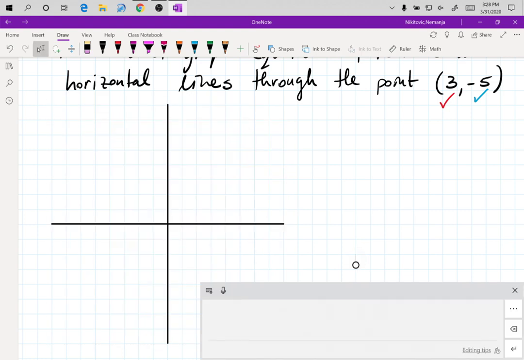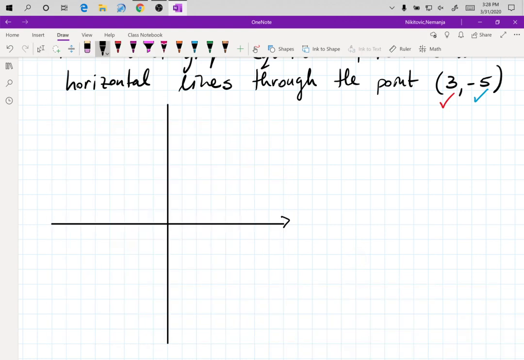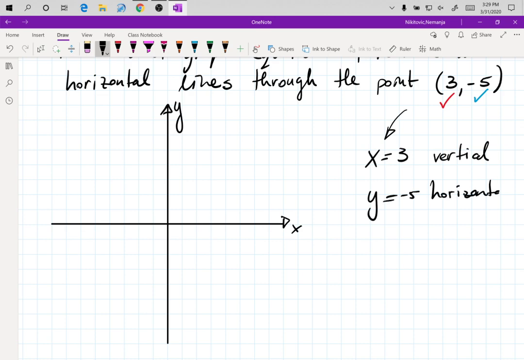Okay, so here's my x-axis, here's my y-axis, and from this point I know that x is equal to 3, that's vertical, and y equals -5, that's horizontal. So red one for 3, 1, 2, 3 gets the vertical line, and horizontal for -5, 1, 2, 3, 4, -5.